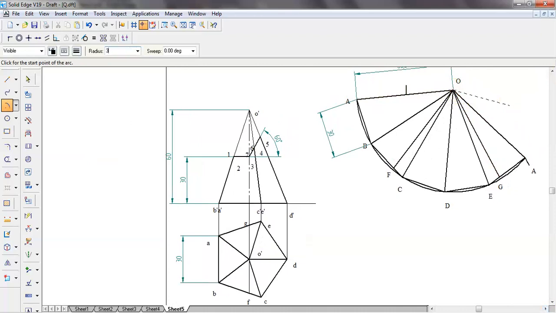This is also 31.73. So again it is cutting OB here at 2. Same, I have to take 31.73. Somewhere here it is cutting.